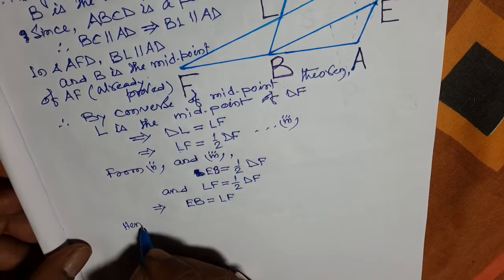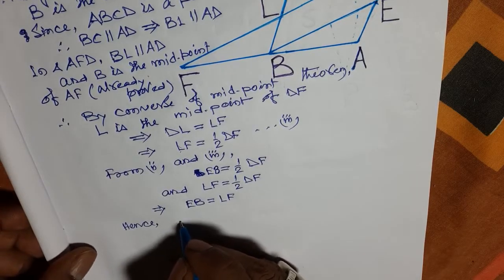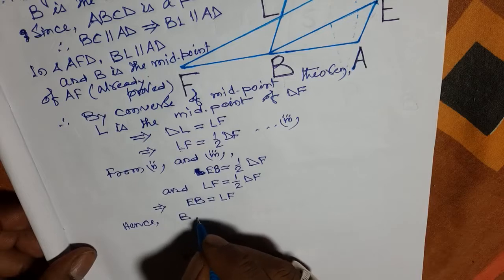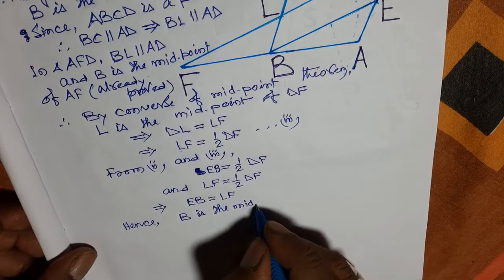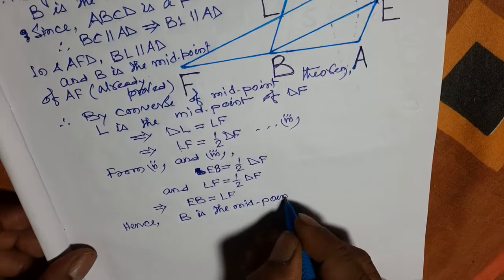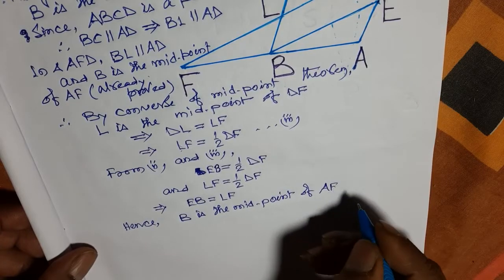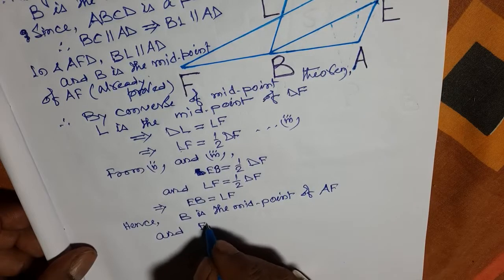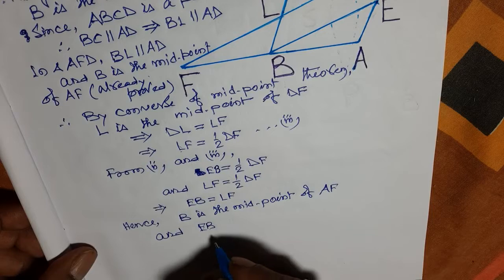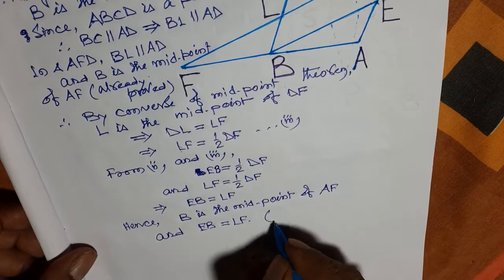Hence we proved that B is the midpoint of AF and EB is equal to LF. Proved.